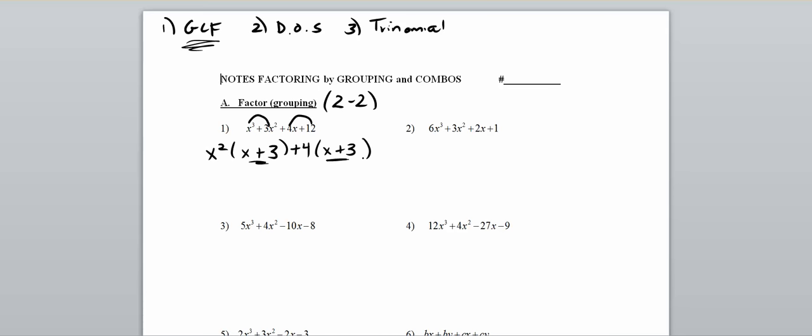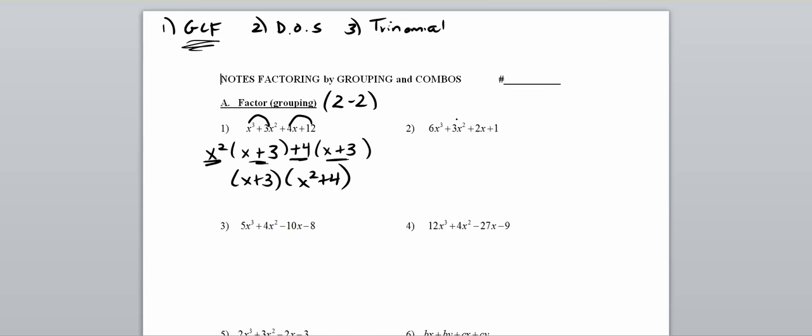So I'm going to pull out the common factor of x plus 3, and then what's left over, or what's on the outside, is going to be my other binomial. So I have (x plus 3)(x squared plus 4), and that will be my final answer to factor that four-term polynomial by grouping.